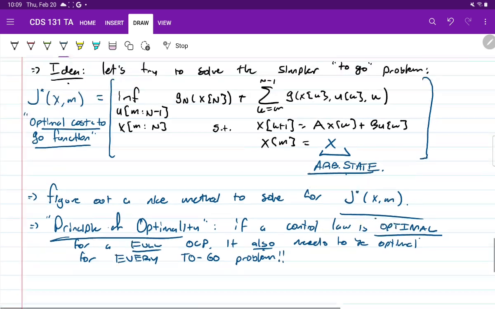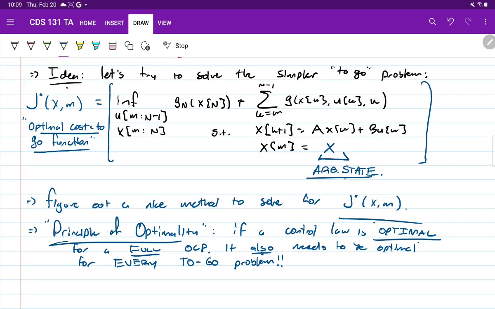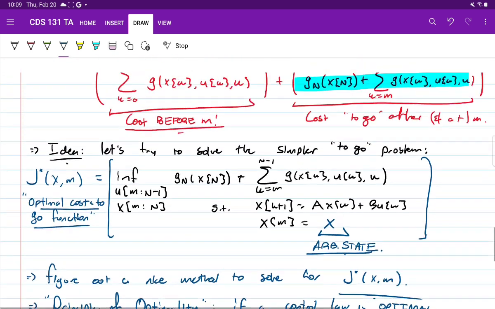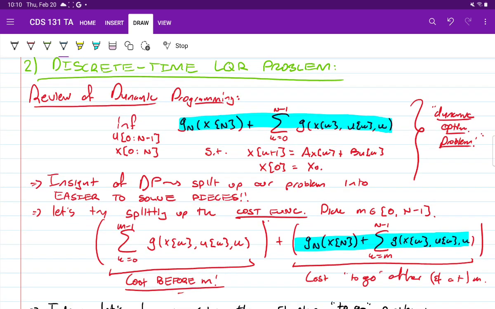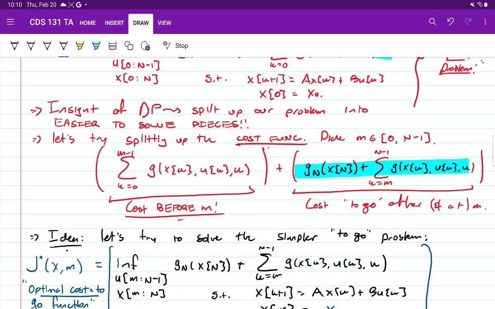Effectively, the reason for this is, let's say we had some control law that was optimal for our full optimization problem, this one up here, but wasn't optimal for one of these to-go problems. Then let's say for this to-go problem m, we have some better control law. Then we could take our supposedly optimal control law for the full problem, and once we get to step m, switch to this apparently better control law, which is actually optimal for this to-go problem, okay? Using that, we would end up improving our costs, and that would contradict that our original control law was in fact optimal, okay?